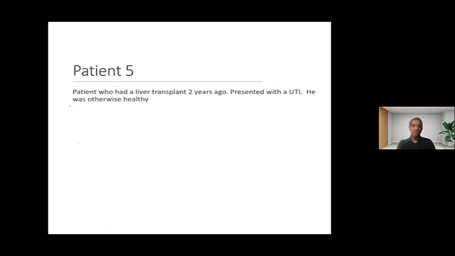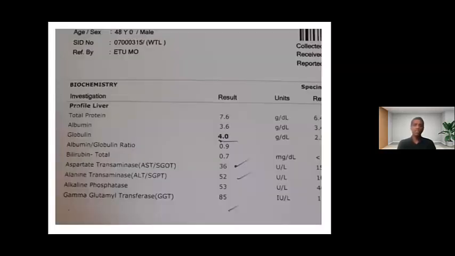So patient 5, the patient who had a liver transplant 2 years ago, presented with a UTI; he was otherwise healthy. So this is his liver panel. Can anybody tell me what abnormalities you can see here?